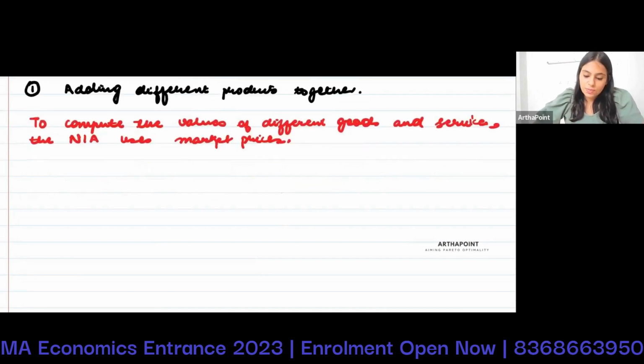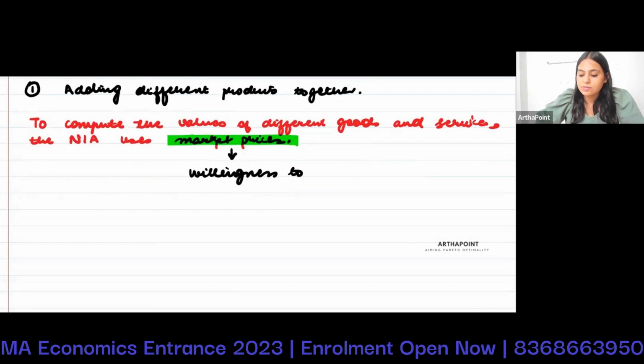So remember that when I talk about market prices, that reflects the willingness to pay by consumers. The market price tells us what is the willingness to pay by the consumer, which means that when I give it at the market price, I am exactly sure that that's the demand of the consumer because they're willing to pay that much for that product.